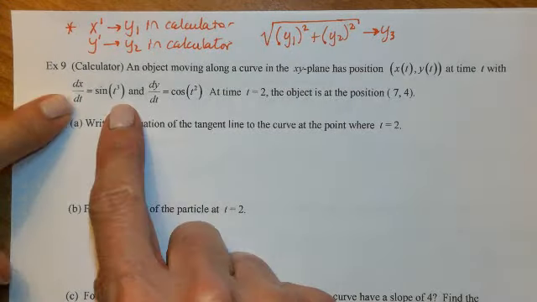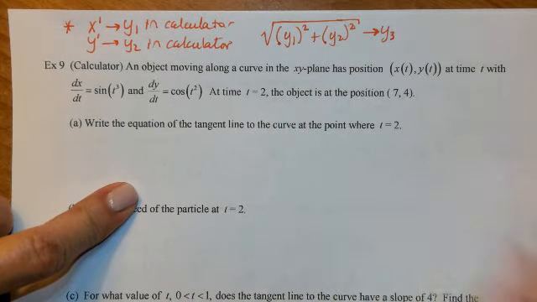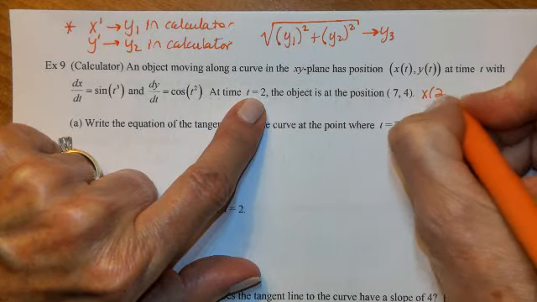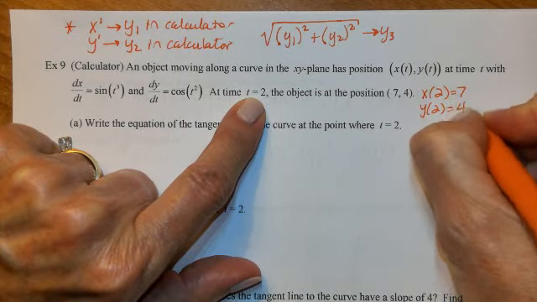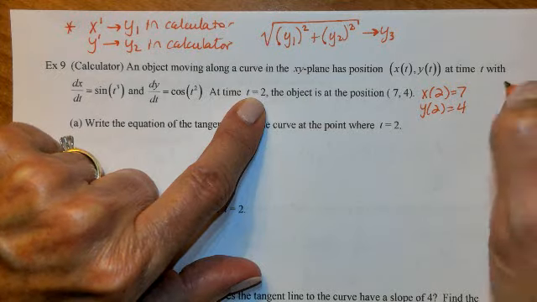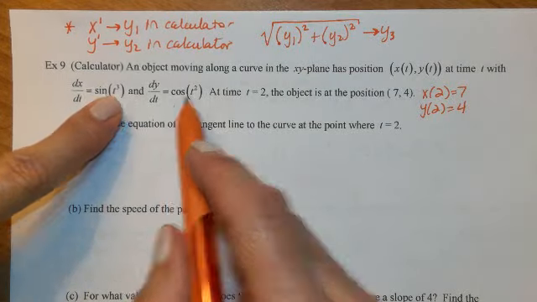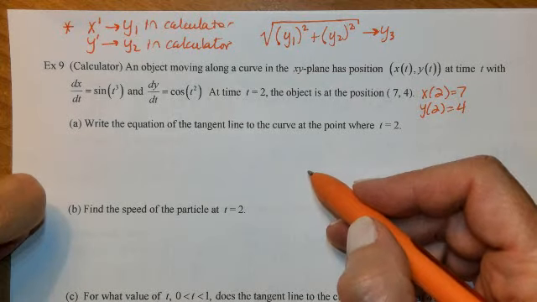So we are given x prime and y prime, and then we're given an initial position. We're given that x at 2 is 7 and y at 2 is 4. Since we have the velocity vector and we have an initial point, we can find any other point.